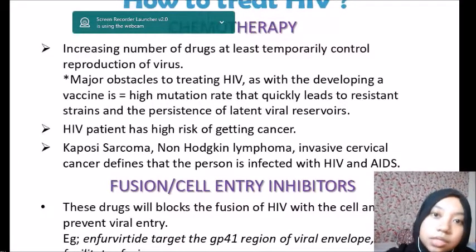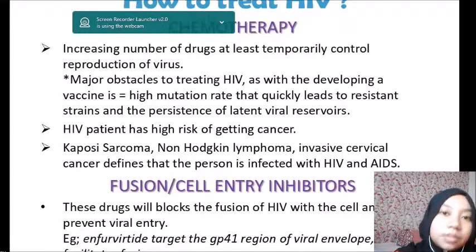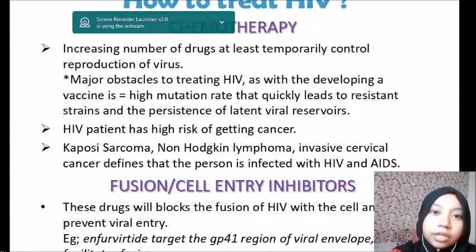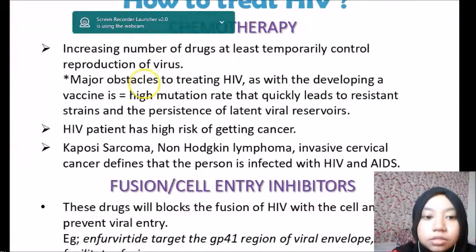Why? Because HIV patients have a weakened immune system, immunosuppression and inflammation that could lead to the development of cancer. So HIV patients have a high risk of getting cancer.